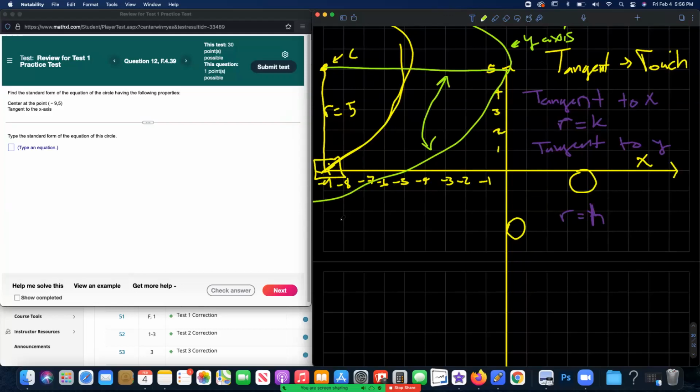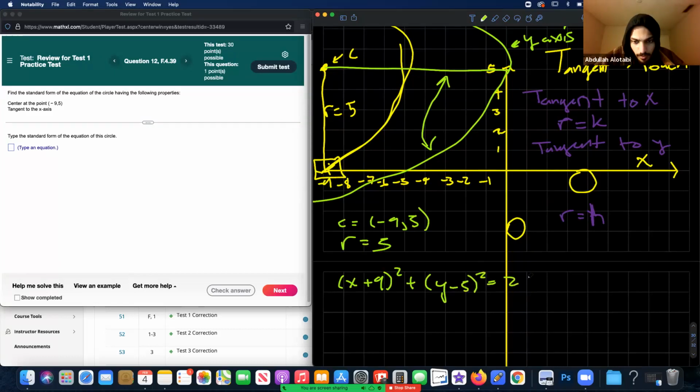Okay, now you got your center point, -9, 5, and now you also have your radius, which is 5, and that should be enough information to create x plus 9 squared plus y minus 5 squared equals 25. Exactly.